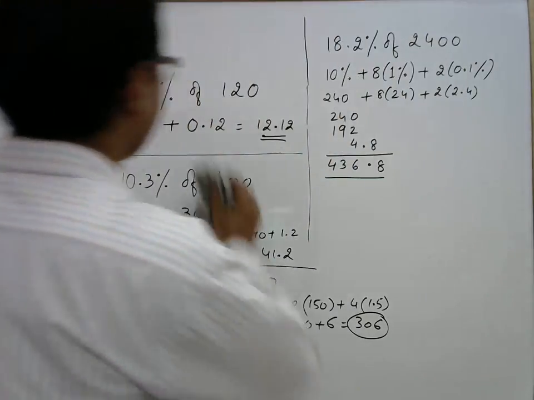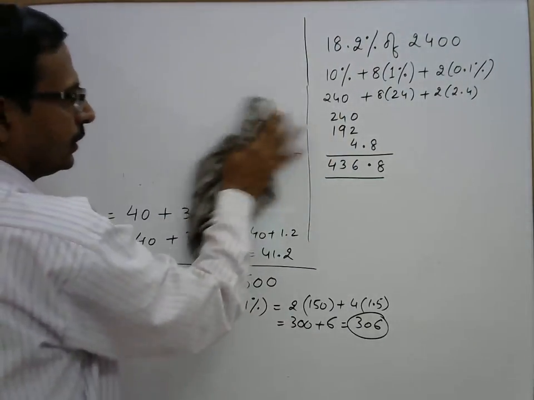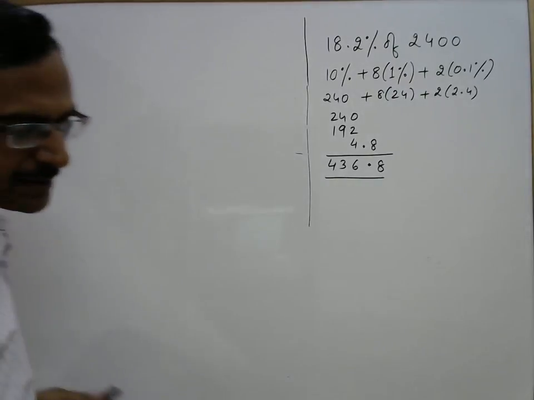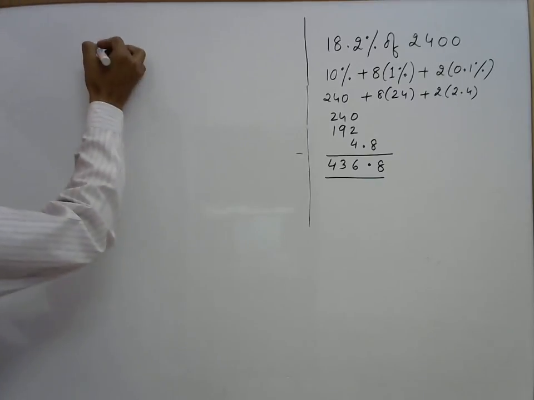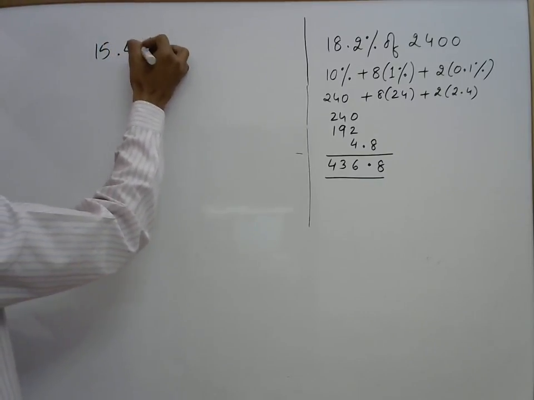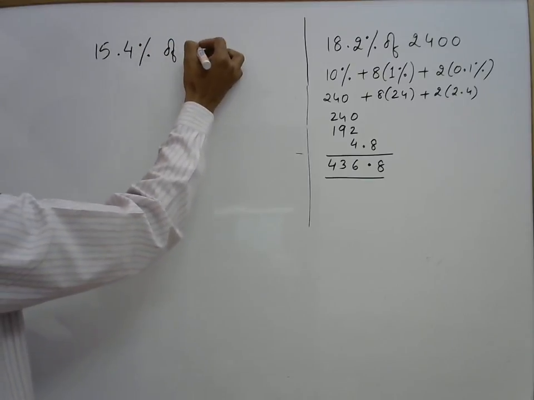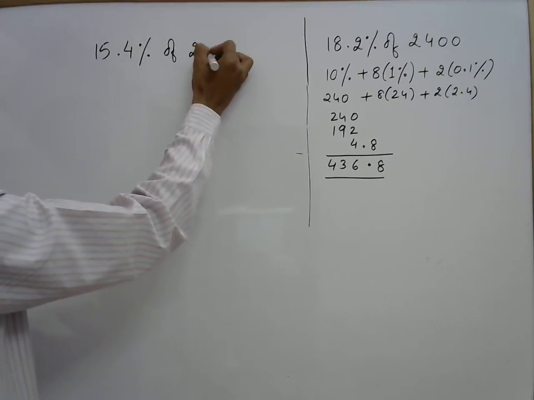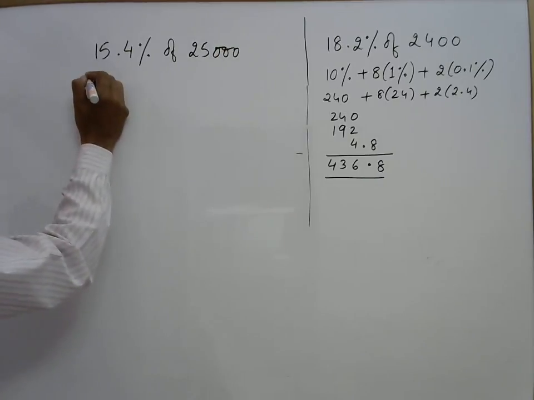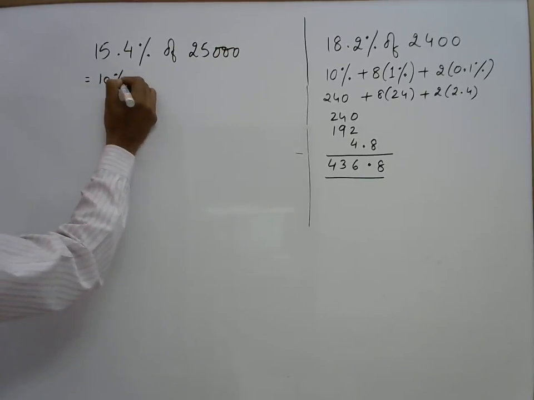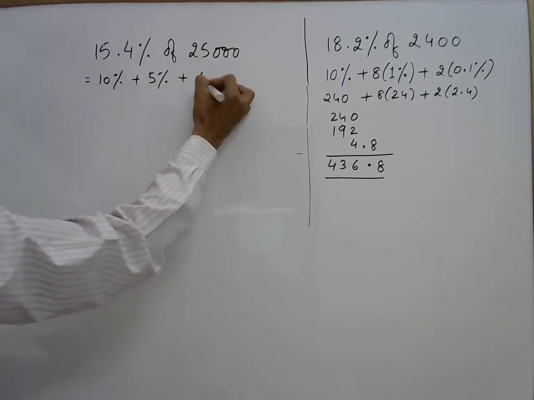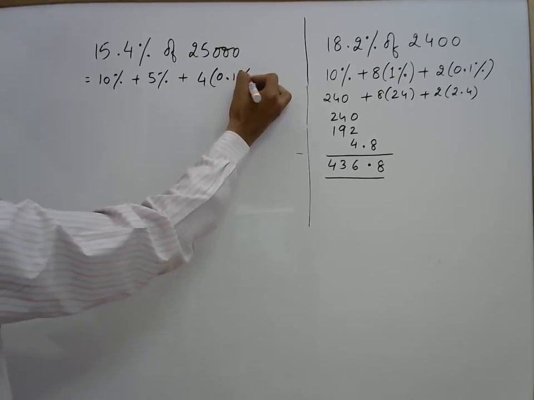More questions? I'll take some difficult ones. So this is 15.4% of 25,000. Now see, 15% is actually 10% plus 5%, and 0.4% is 4 times 0.1%.